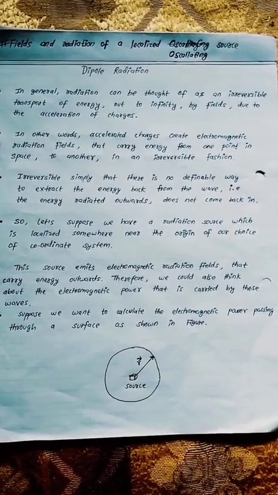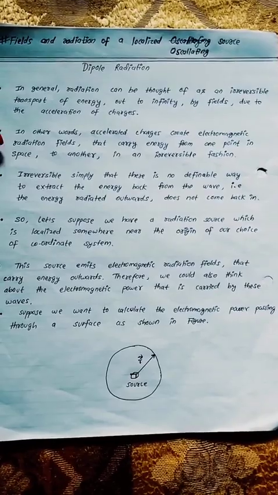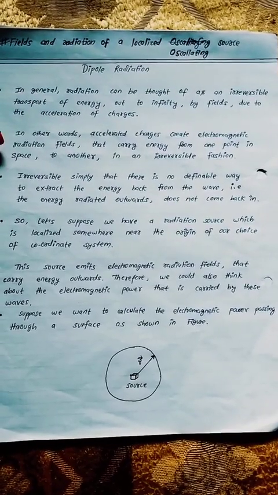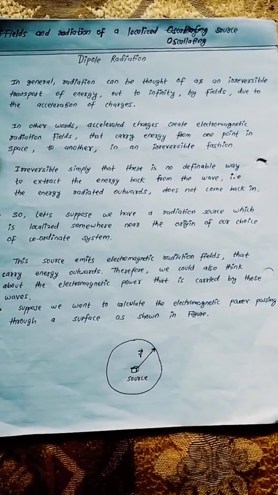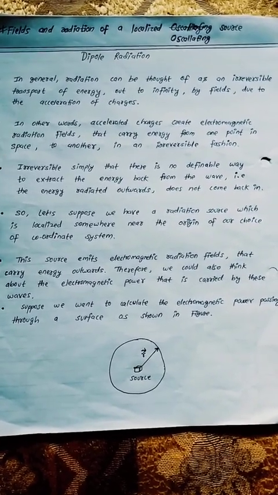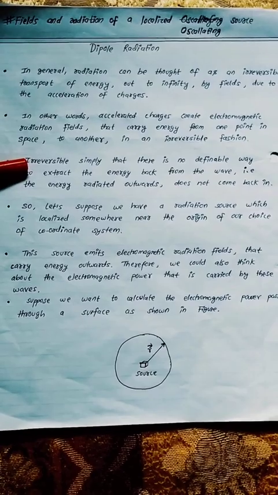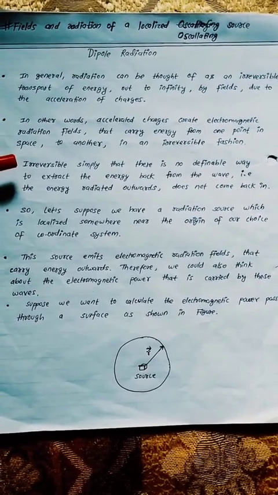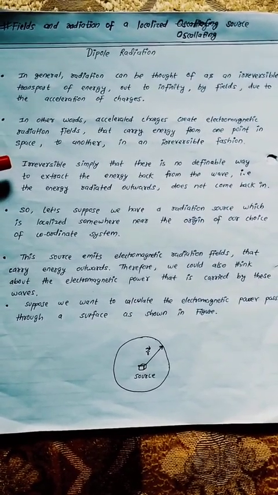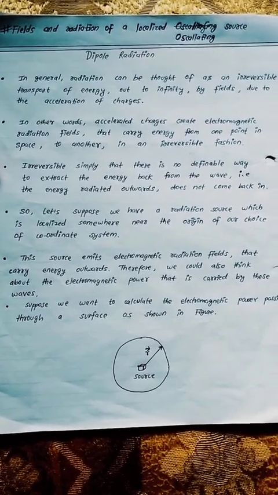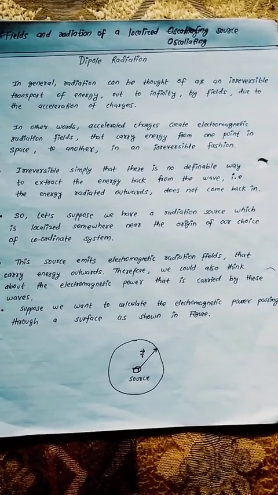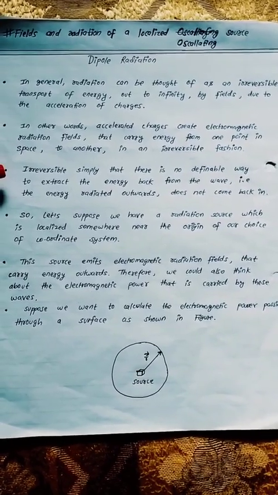In other words, accelerated charges create electromagnetic radiation fields that carry energy from one point in space to another in an irreversible fashion. Irreversible simply means that there is no definable way to extract the energy back from the wave. That is, the wave radiated outward does not come back in.